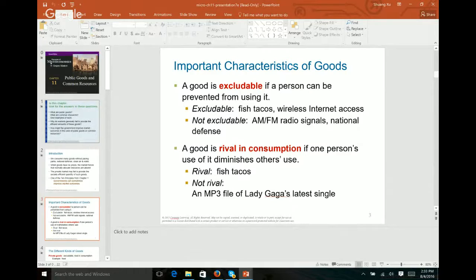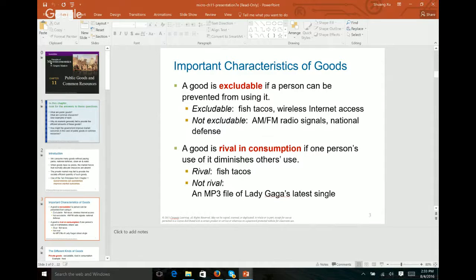Most goods are excludable, like the stuff you buy every day, your Chick-fil-A for lunch, your Coke and Pepsi. Once you buy it, that is yours. Nobody else can have it, so you can exclude somebody from consuming the same can of Coke.